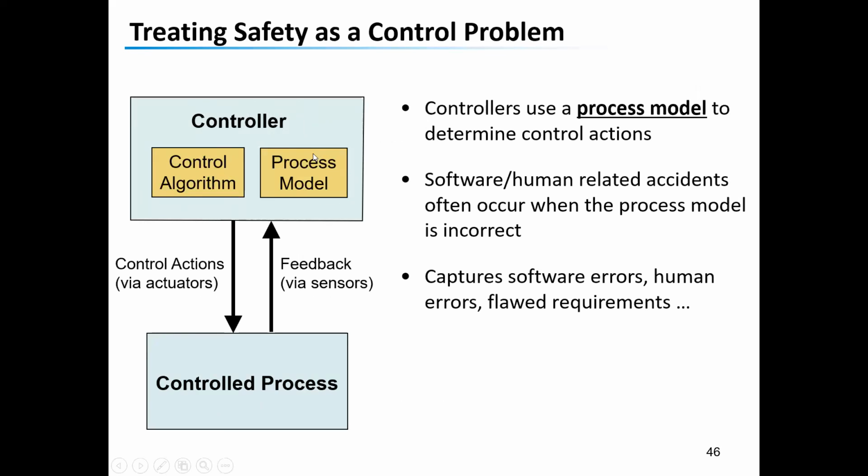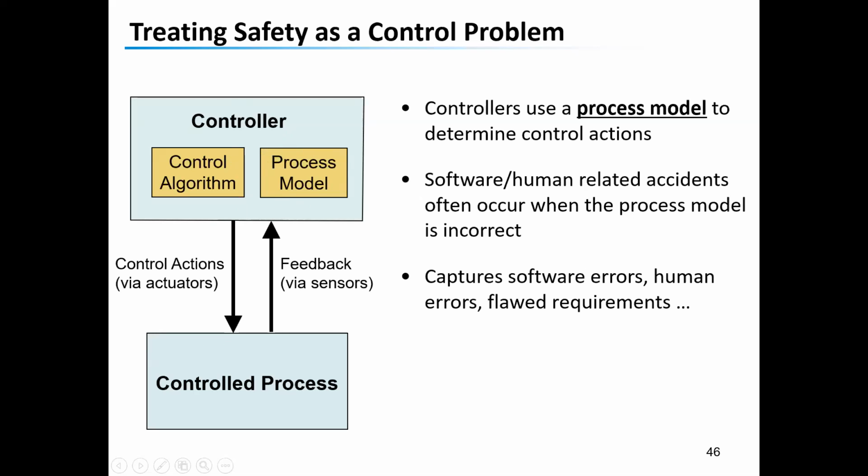Both software and humans as controllers all have a process model. The process model is a model of the state of the control process. The controller makes decisions about what to do, what control actions to provide, by using this process model.